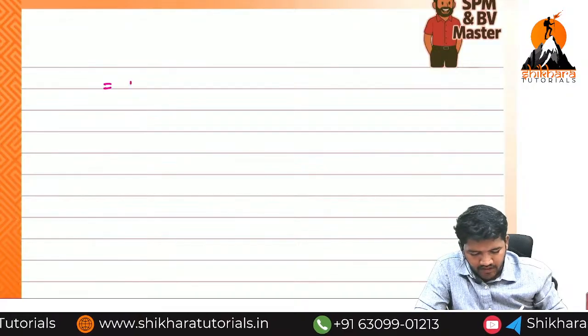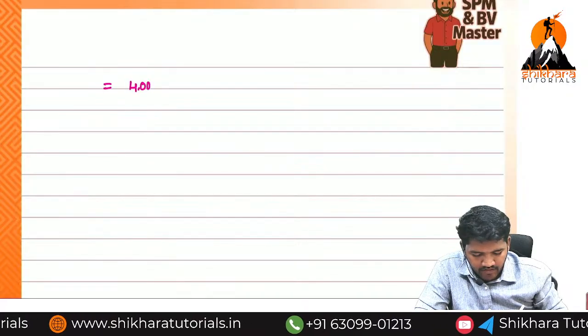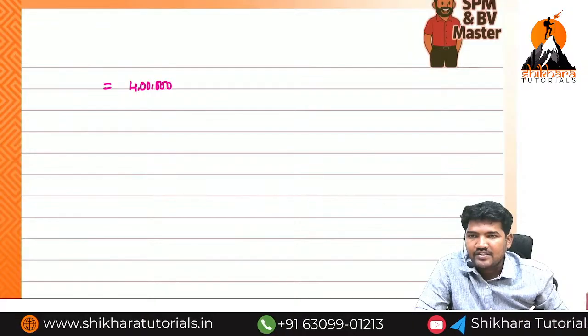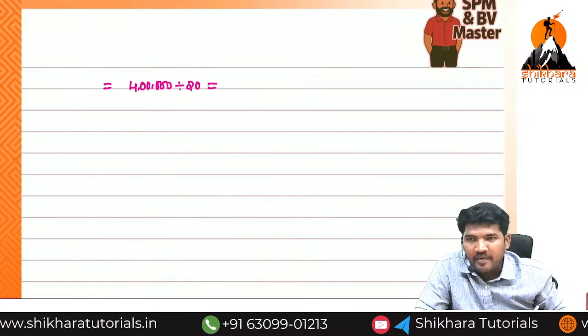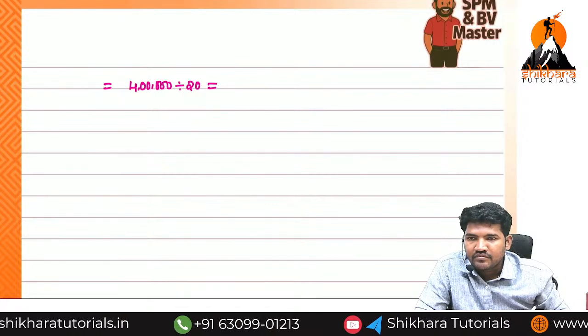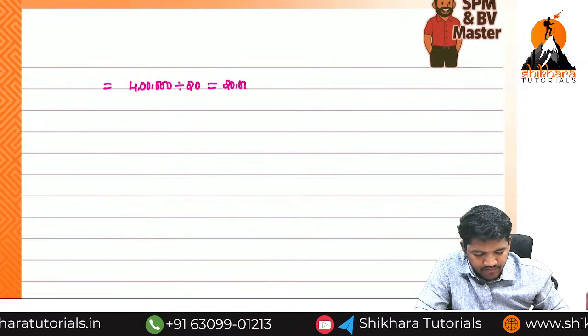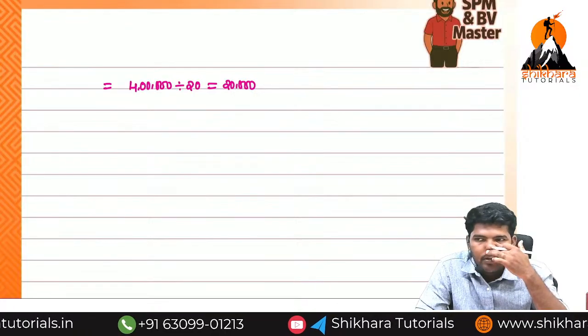How much are you paying? How much amount are you buying back? 4 lakhs. One share how much? How many shares are you buying back? 20,000. If you buy back 20,000, how many shares do you have?